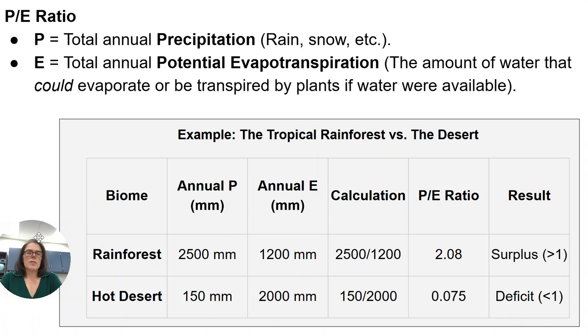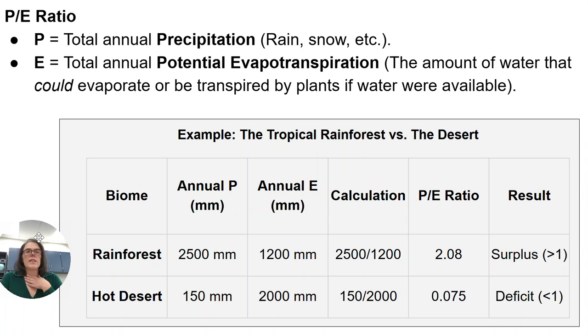Annual evapotranspiration is relatively low in the rainforest. The air is already humid. In the desert, it's quite high. Now when we take the PE ratio, we take the precipitation and divide it by the evapotranspiration. In the case of the rainforest, we're taking a high number, 2,500, dividing it by a low number, 1,200. That gives us a number greater than 1.